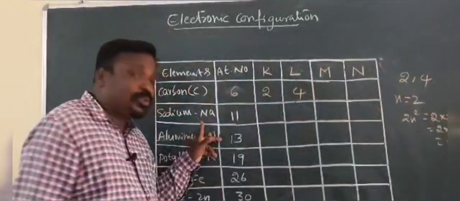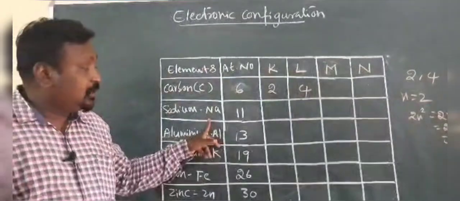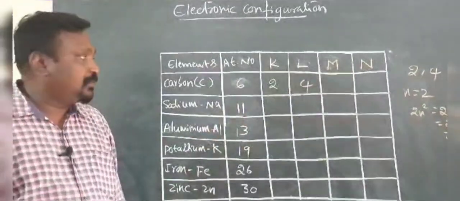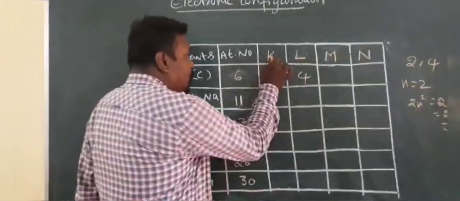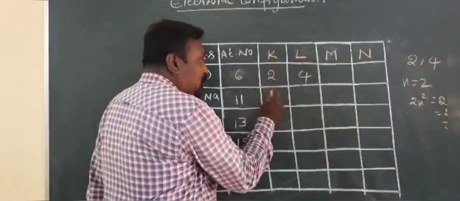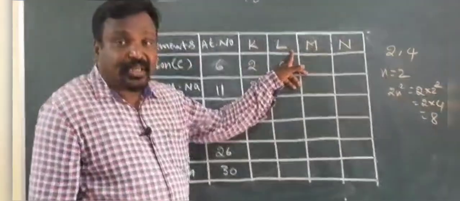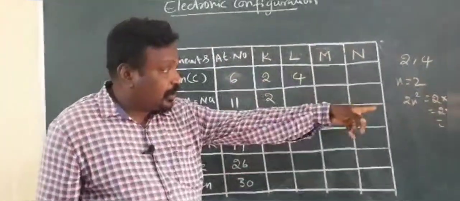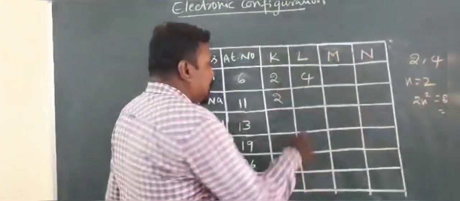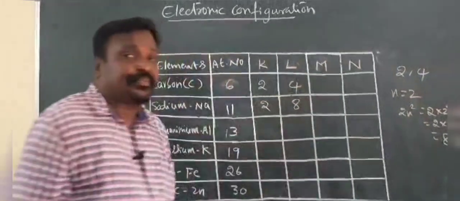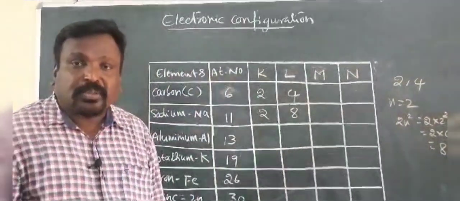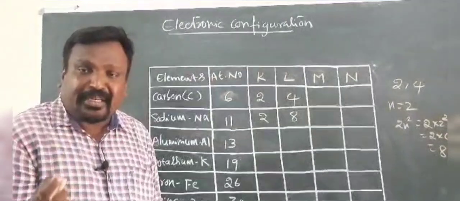Okay. Now, come to sodium. The atomic number of sodium is 11, correct? Now, what is the number of electrons in K shell? That is 2. In the L shell, the maximum number of electrons is 8, correct? Now, what is the remaining number of electrons?